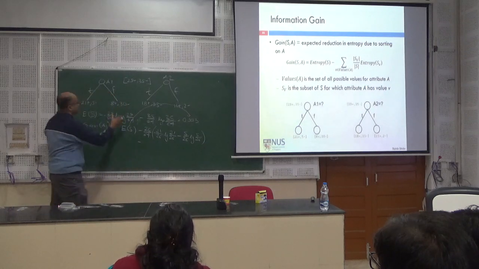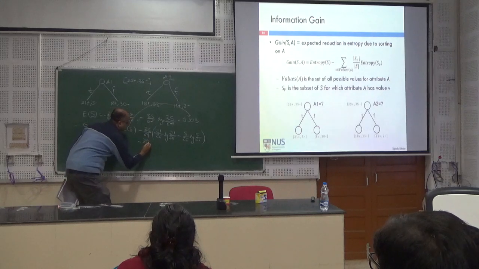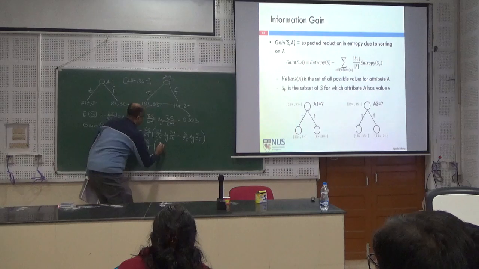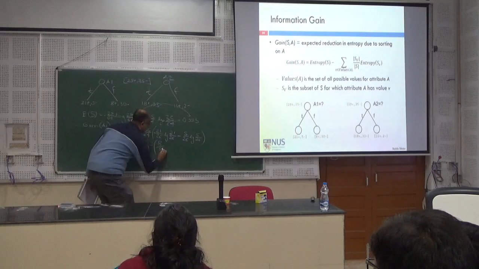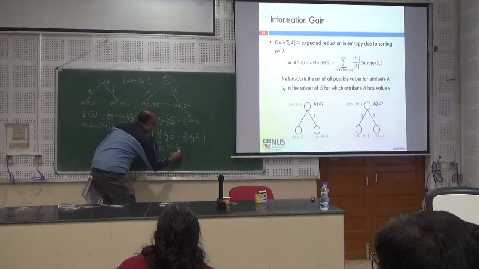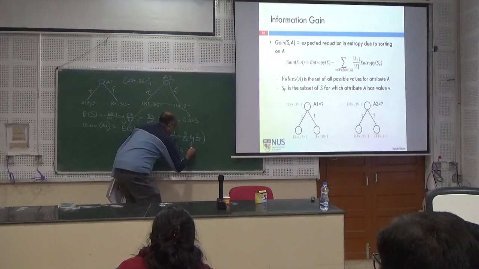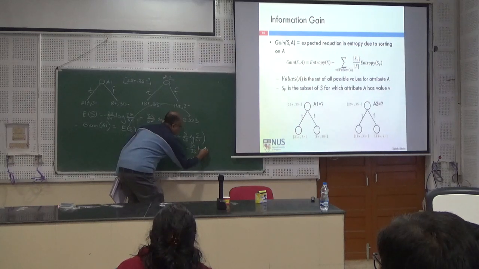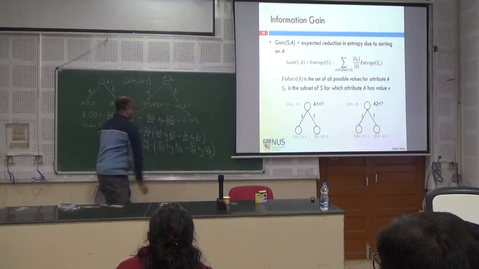Minus this side of things, 38 over 64, and 8 over 38, log 8 over 38, minus 30 over 38 log 30 over 38.